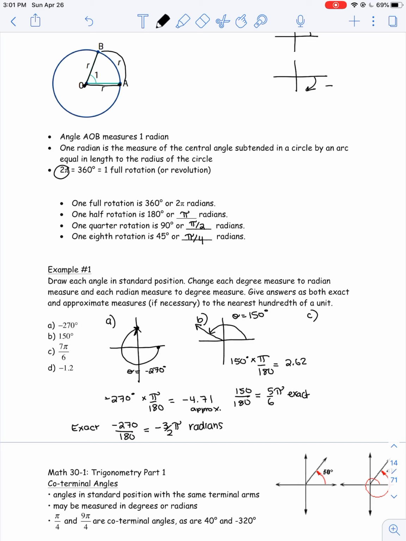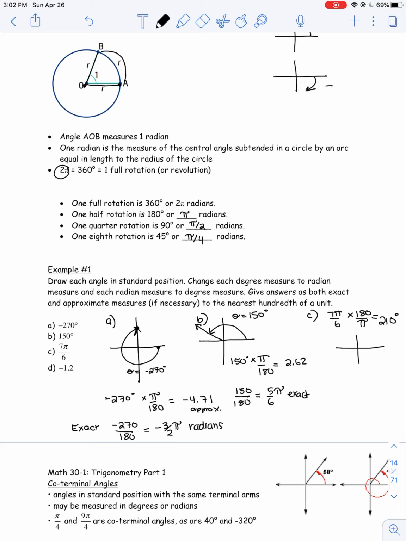For C, we're taking 7 pi over 6. To draw this, I find it's easier to convert first. So we're going to take 7 pi over 6 and multiply it by 180 over pi. That's how we convert from radians to degrees. So 7 pi divided by 6, multiplied by 180 divided by pi, and you should get that that is equal to 210 degrees.